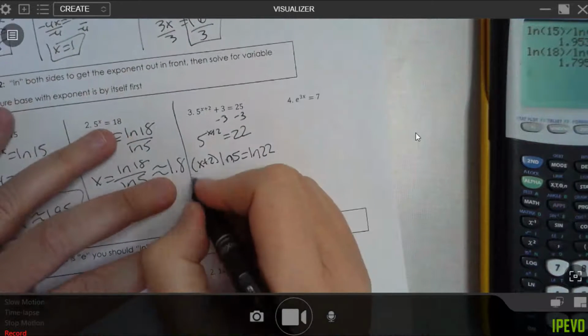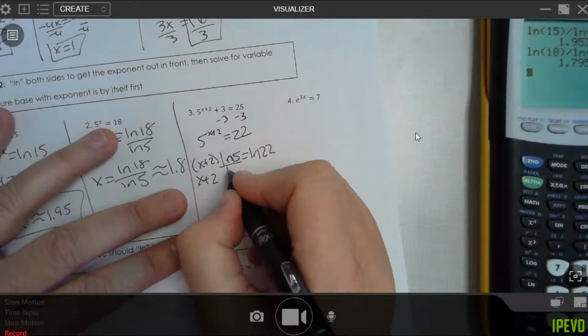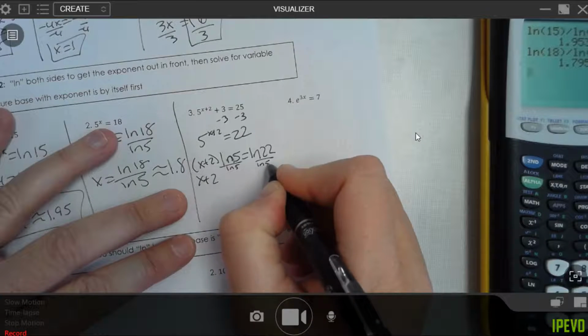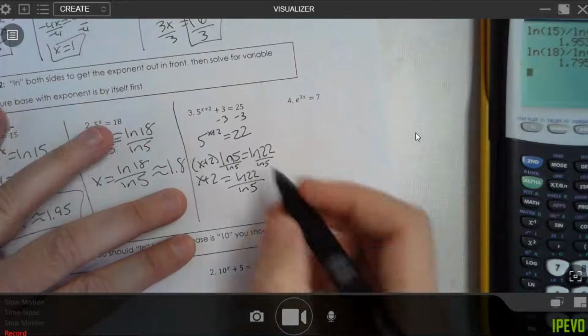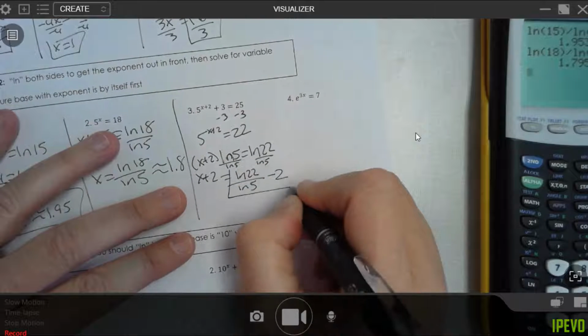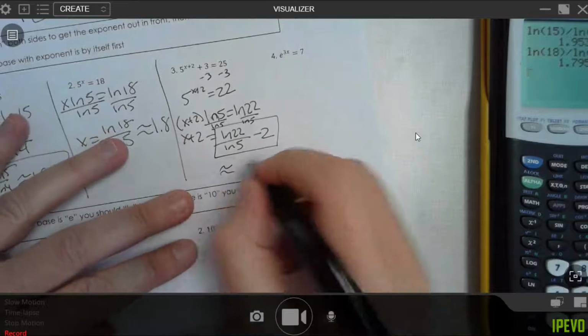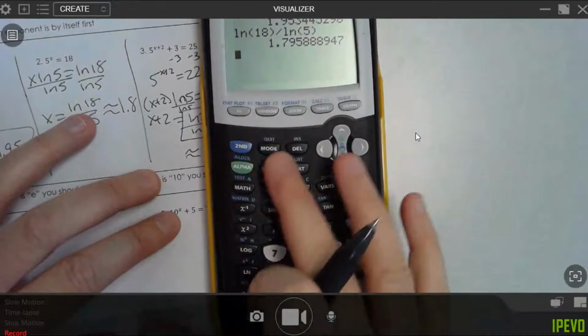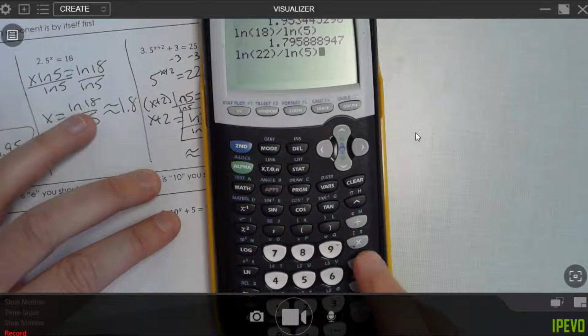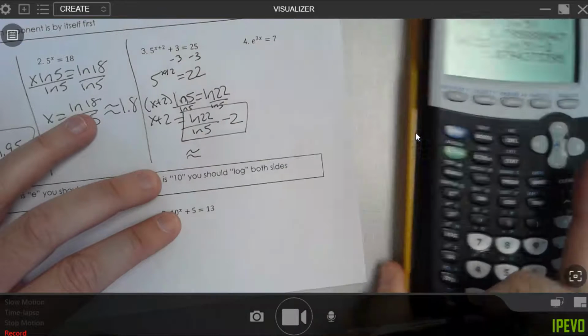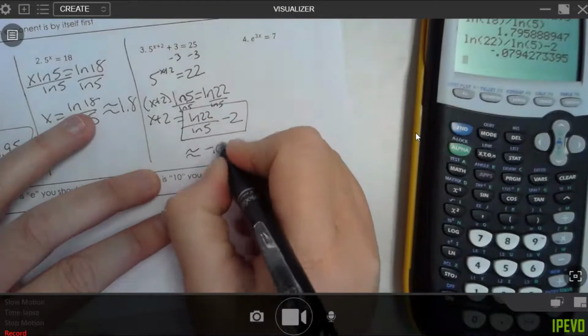So when I do this, I'm going to have x plus 2, divide this over, would equal natural log 22 over natural log of 5, and then just subtract your 2 over. So that's your x, which is approximately negative 0.079.